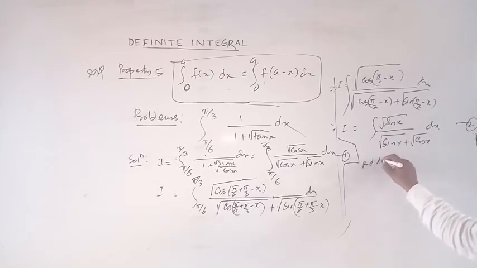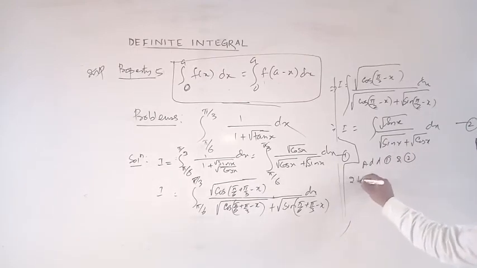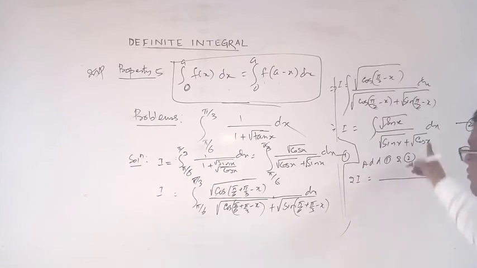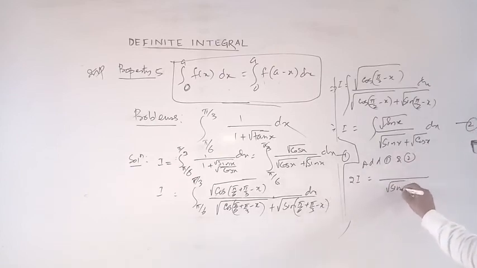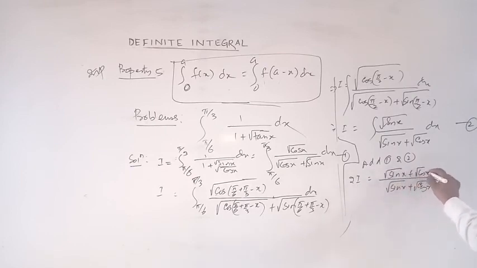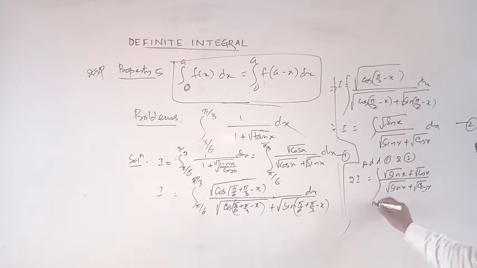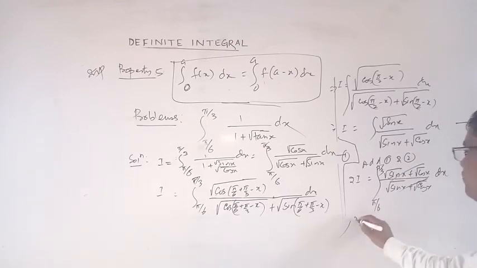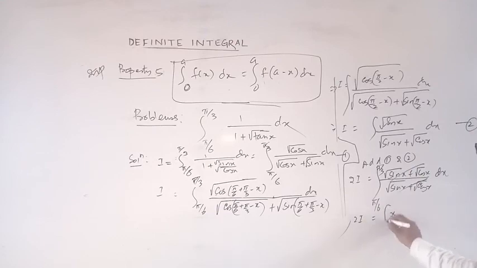Add equations 1 and 2. So 2I is equal to the integral from pi by 6 to pi by 3 of root sin x plus root cos x over root sin x plus root cos x, dx. The LCM is the same, so it cancels. 2I is equal to x, with limits pi by 6 to pi by 3.